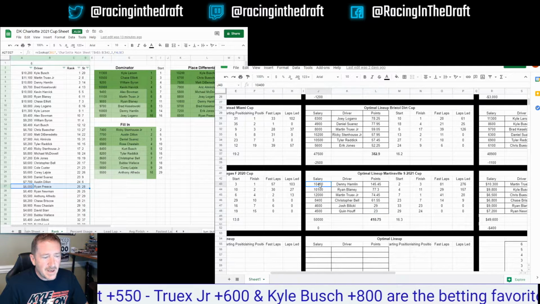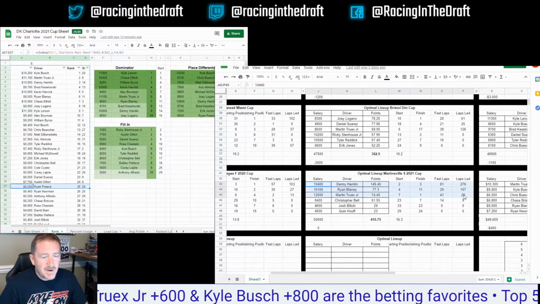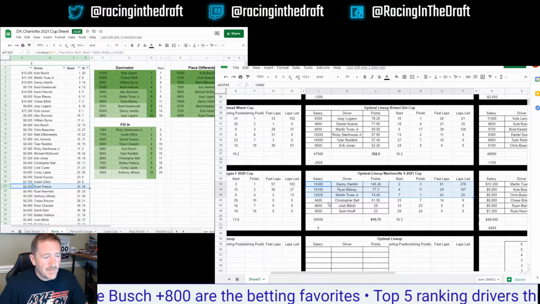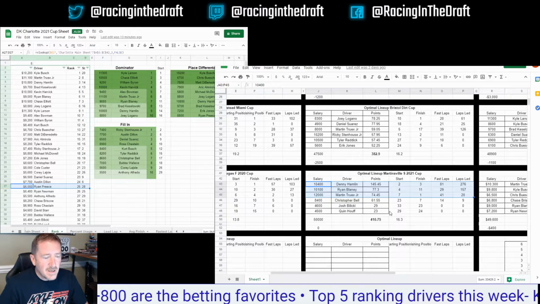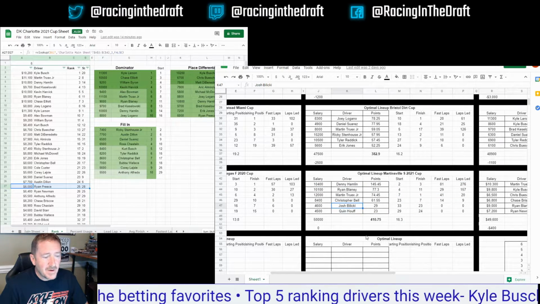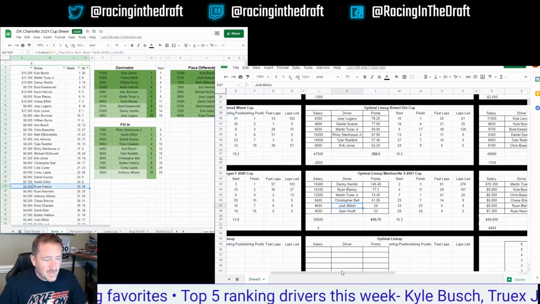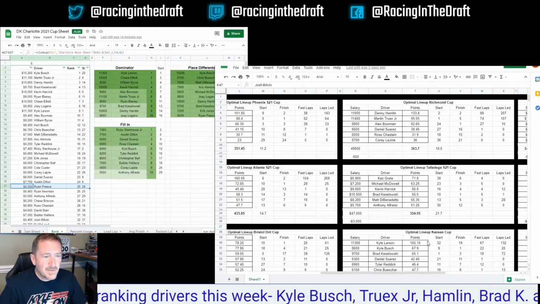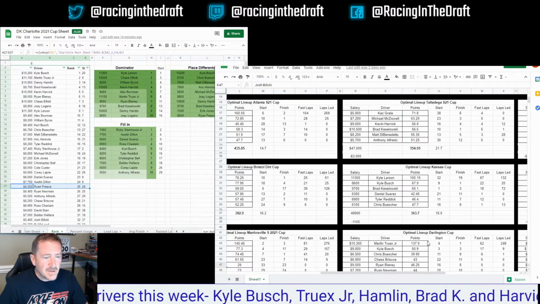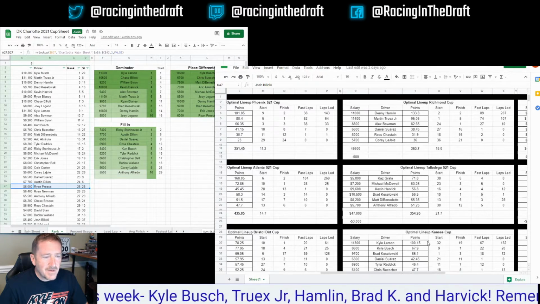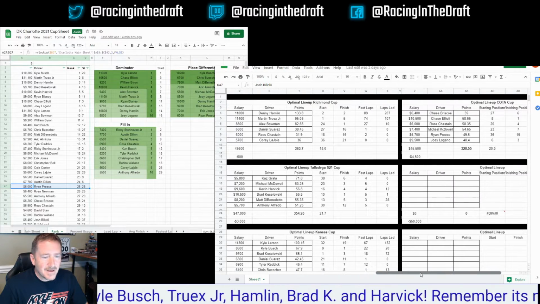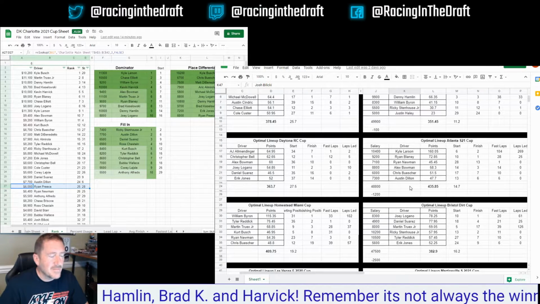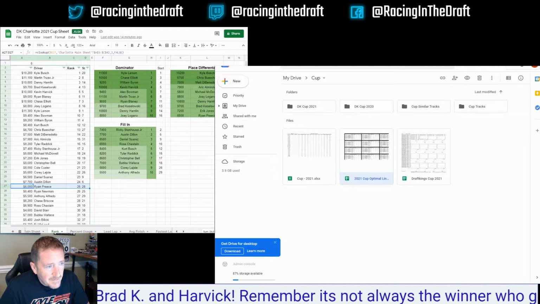But because we had 3 dominators in that race, and they ate up all the money at the top, you have to fill it in somewhere. And that happened to be Quinn Hoff and Josh Bilicki. There was one other one where Quinn made the optimal lineup. So some of these guys at the bottom, sometimes you just have to use. Sometimes you just get lucky, but consistently more times than not, they're going to miss the optimal lineup. But let's get back to this build.